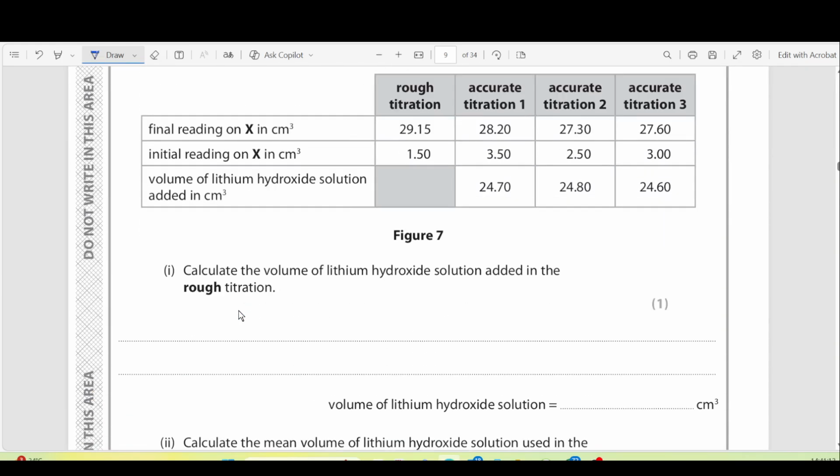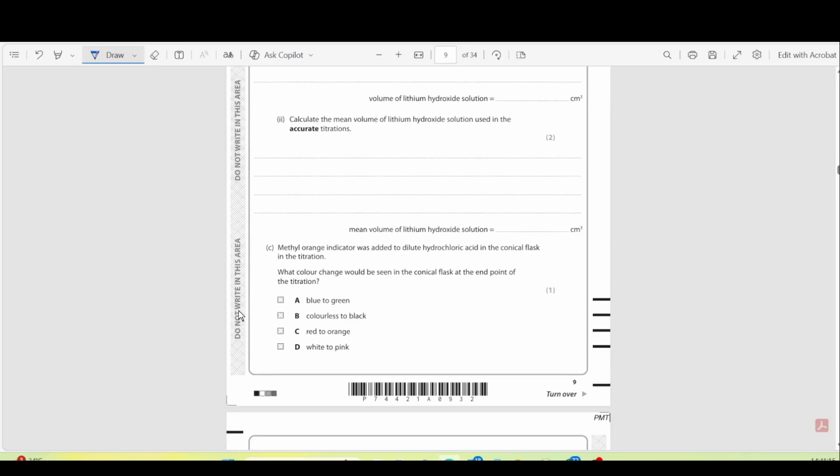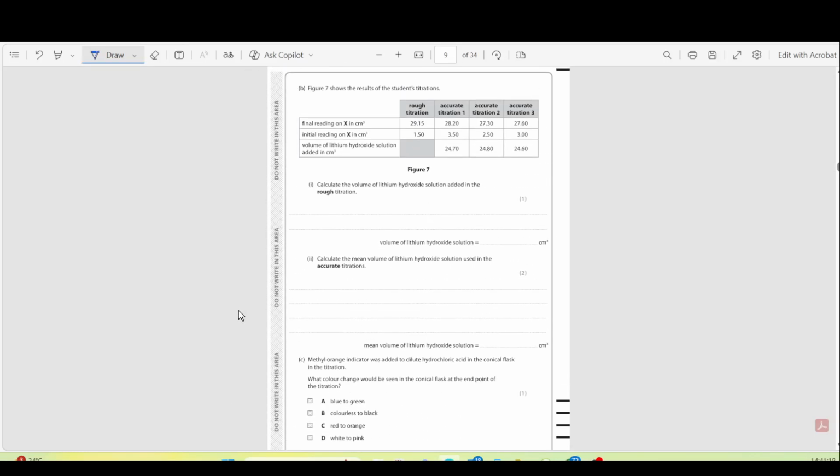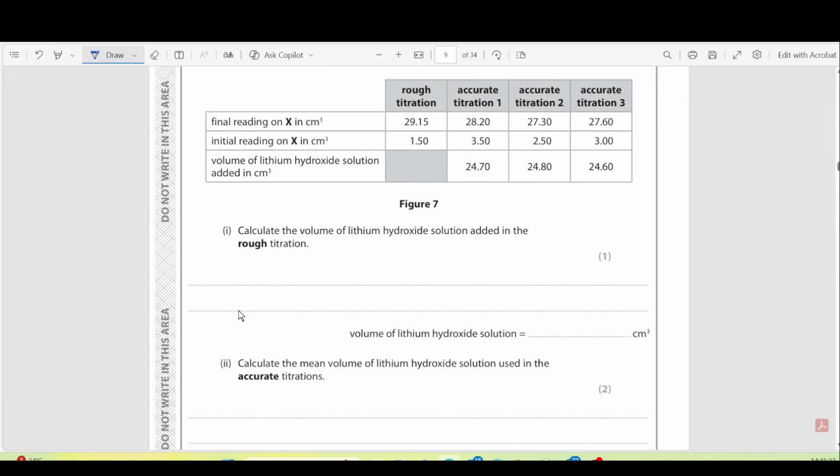Okay, next question is this. This table is showing the result of the student's titration. Basically, we have to calculate the volume of lithium hydroxide solution added in the rough titration. So this is showing the rough titration, right?